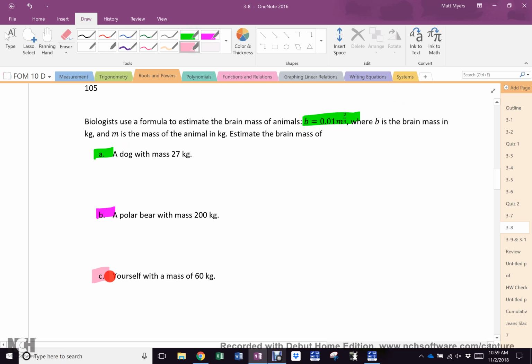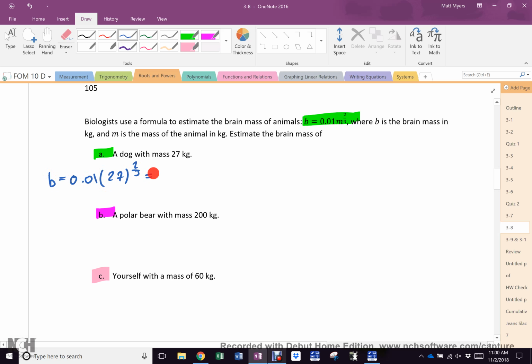It is A. Why? Because 27 has a cubed root. So let's work A through in our heads where math should be done. Brain equals 0.01 times M, 27, to the 2/3.